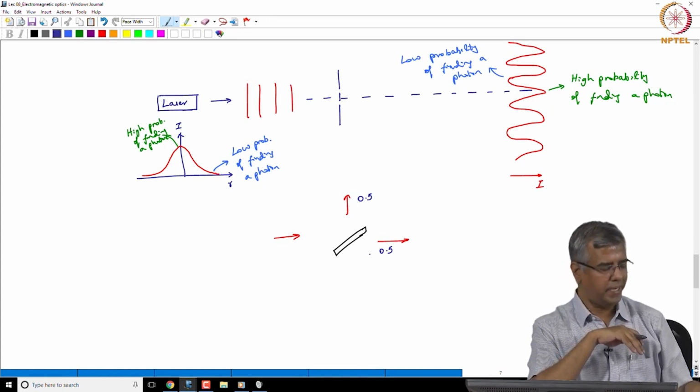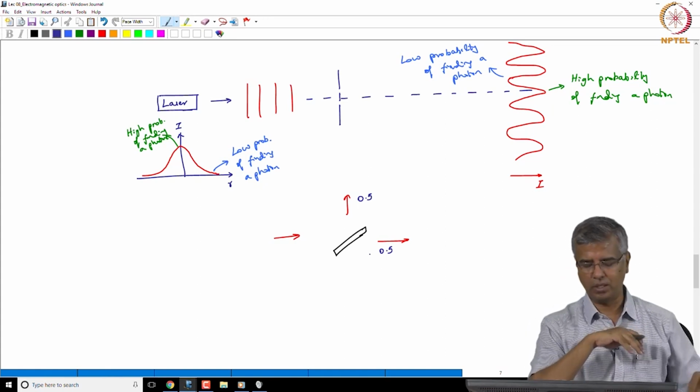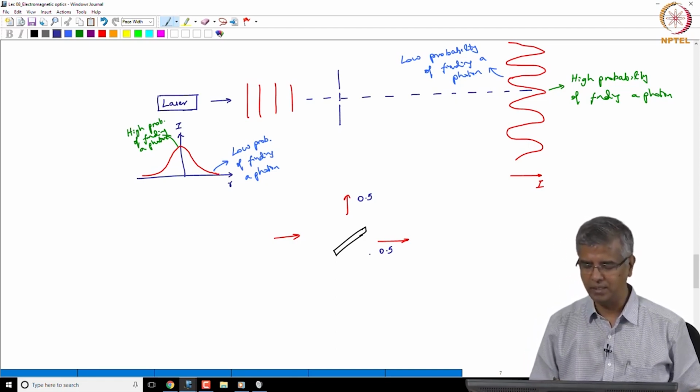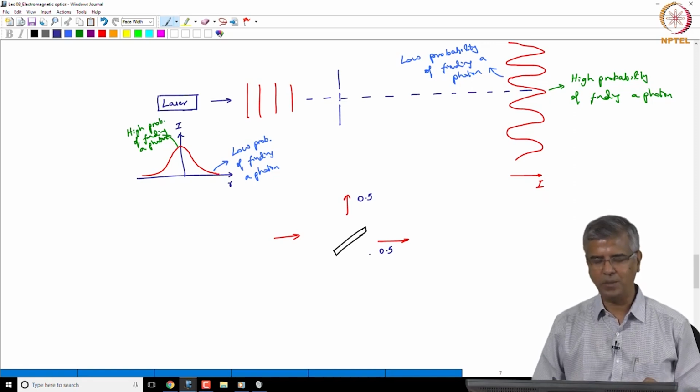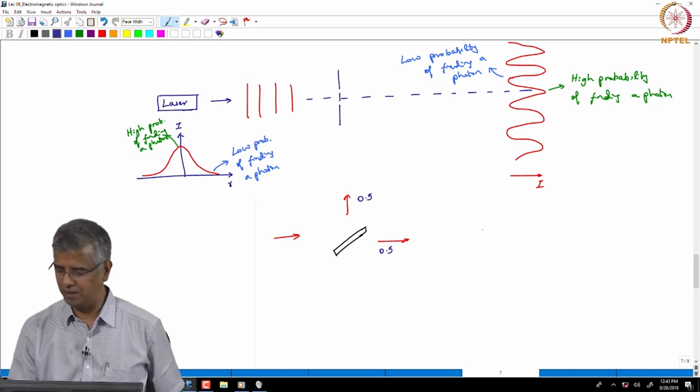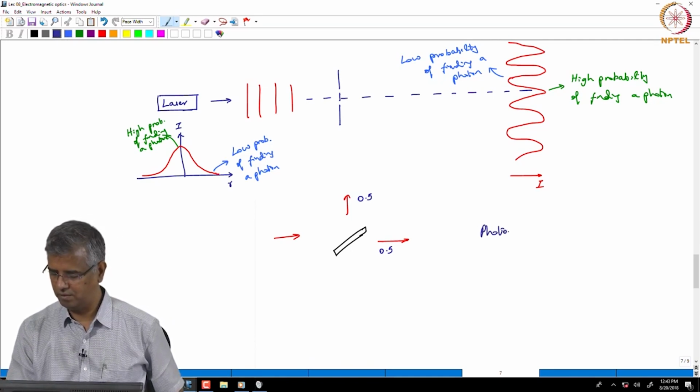In terms of finding a photon, we are saying that it's a probabilistic event, and from that perspective, this leads to another principle, which is called photon uncertainty.